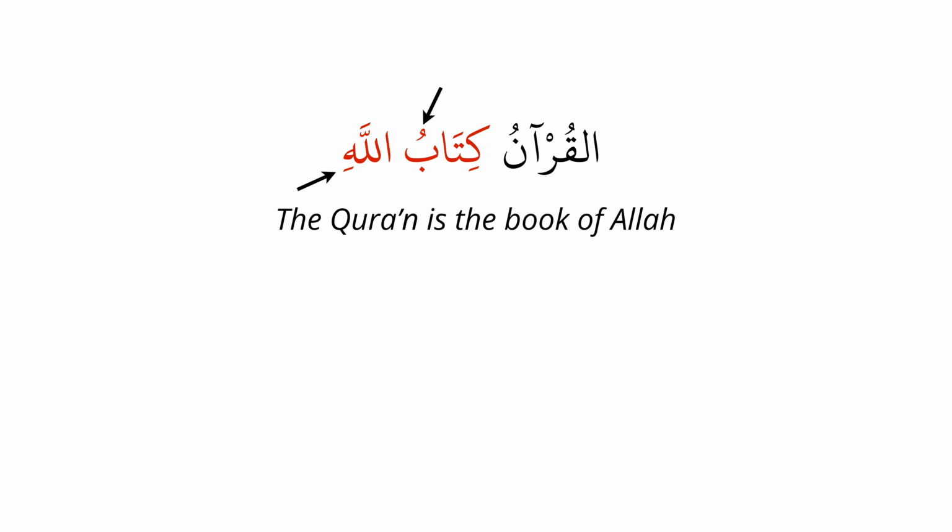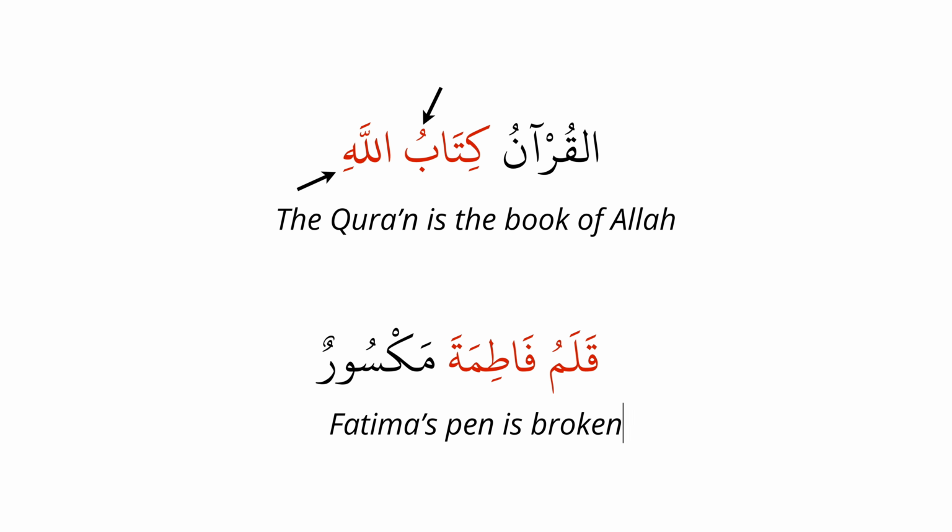in the genitive case. Taking another example, قلم فاطمة مكسور, meaning Fatima's pen is broken. In this sentence, the relative phrase we have is قلم فاطمة, where the noun qalam has a single harakah on it and there is no al prefix to it, so it is mudaf.